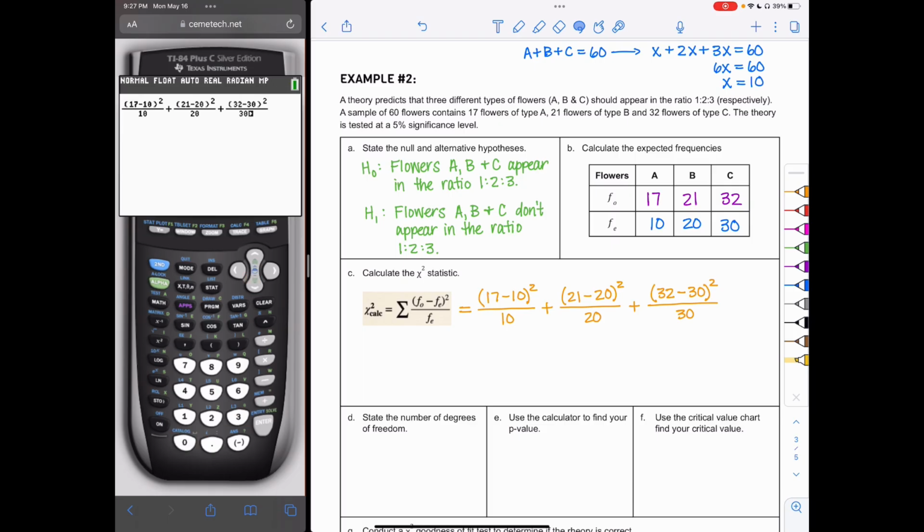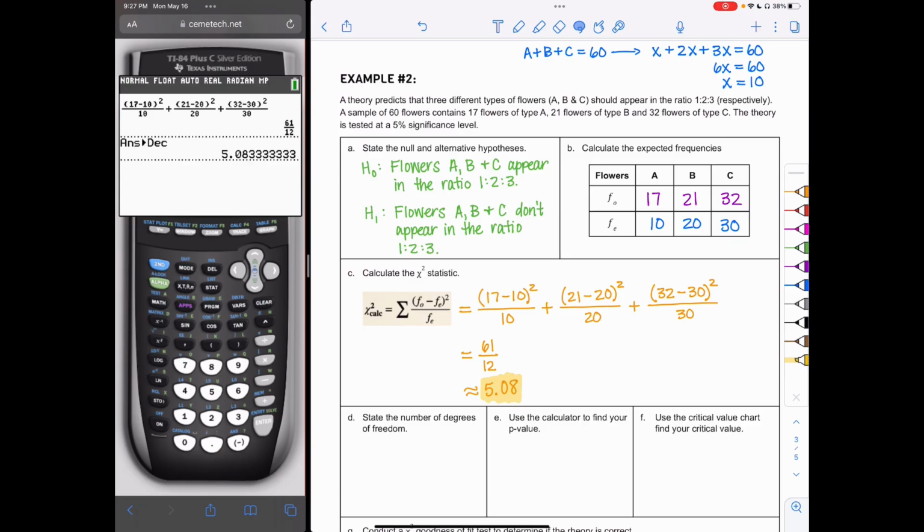Once I put all that in the calculator, I press enter, and I end up getting 61 over 12, which as a decimal converts to approximately 5.08 to 3 significant figures.